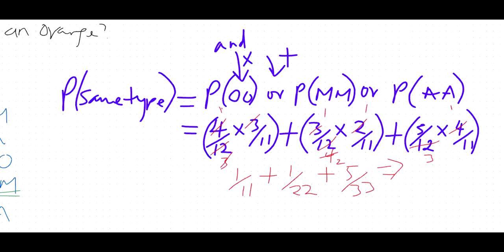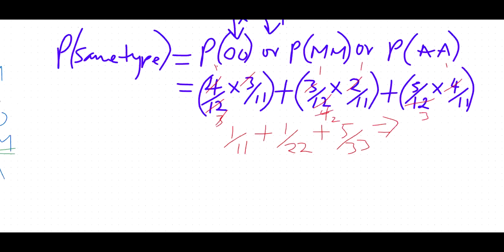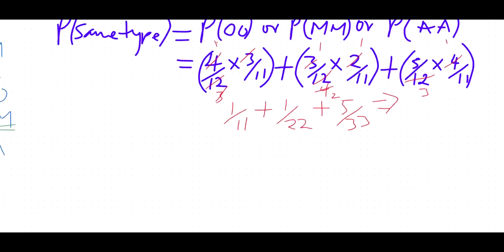Question two. If we just scroll to question two, it is asking that the second fruit is an apple. I mean, it's an orange. Okay, the second fruit is an orange.